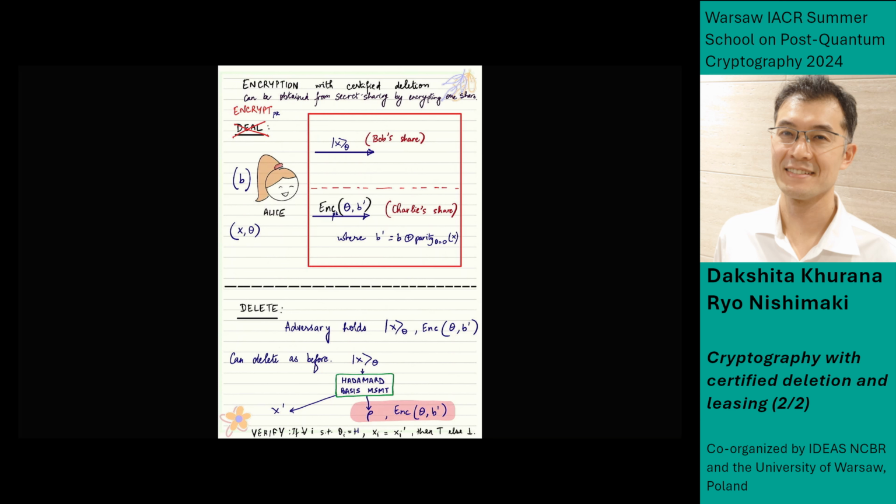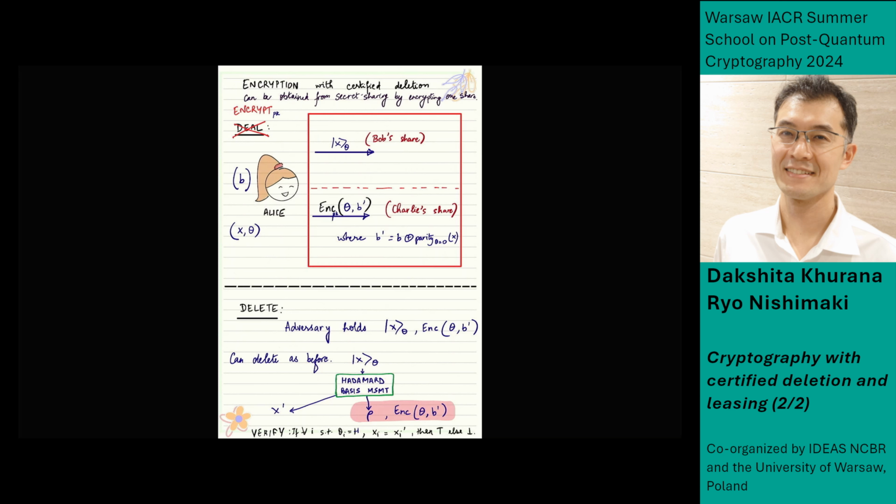So let's consider a more concrete setting where we need this kind of primitive. Maybe we can store the ciphertext on some cloud server. In this setting, maybe we need some quantum computer for the server.